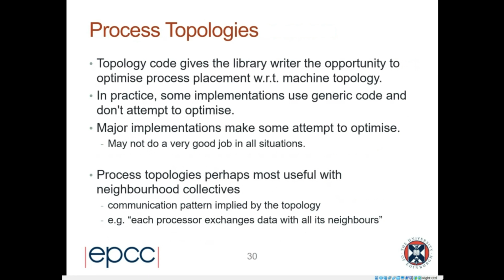Process topologies, you may not have used them, but MPI allows you not just to create subcommunicators, but also to say to MPI, see these 100 processes I have, they're not just 100 processes, they're actually arranged in a 10 by 10 2D grid. So you can actually tell MPI that your processes are in a grid. And in principle, this allows MPI to place your processes or number your processes more efficiently.